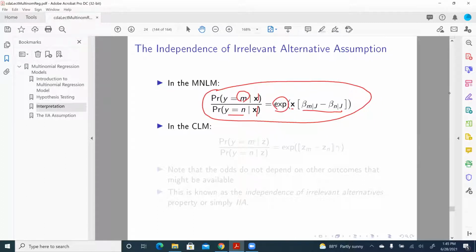Remember that in the multinomial logit regression model, we always choose a reference category.